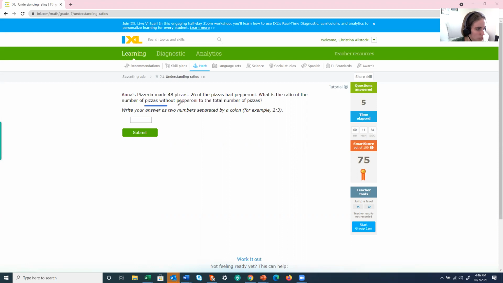So the pizzas without pepperoni compared to the total number. All right, so we need pizzas without pepperoni compared to the total number of pizzas.